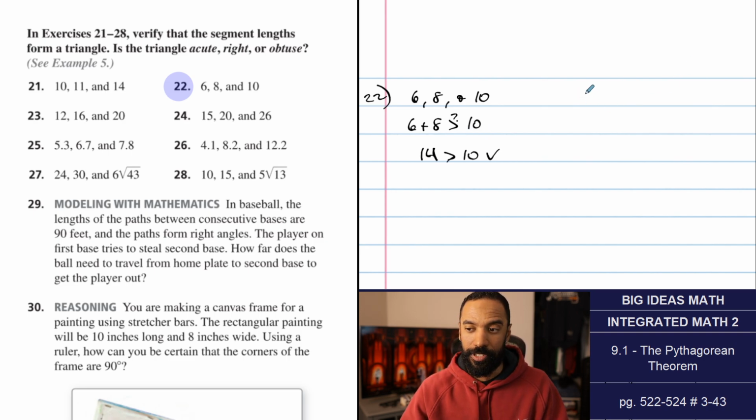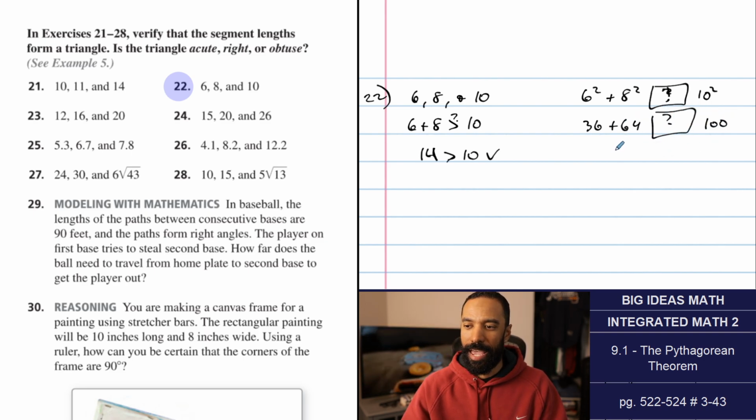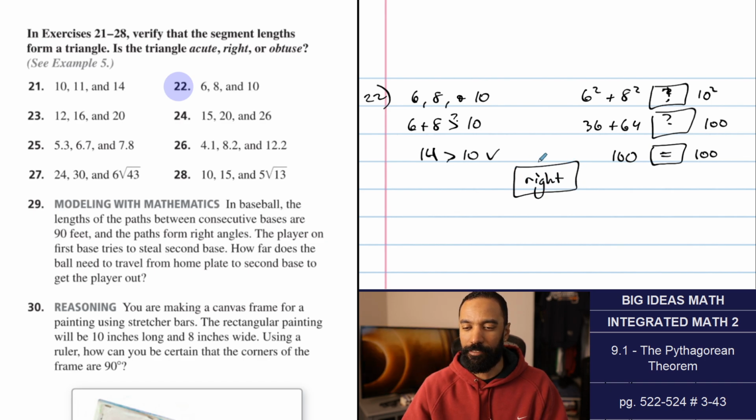Let's see if 6 squared plus 8 squared is greater than, less than, or equal to 10 squared. 36, 64, 100, and that's 100. 100 equals 100. A squared plus b squared equals c squared. Only true in right triangles, as the converse theorem would state.